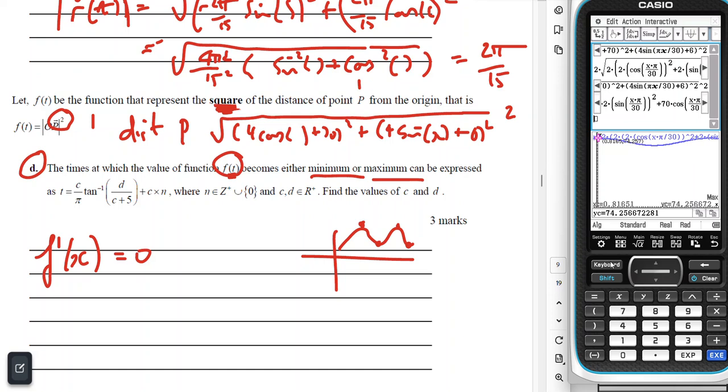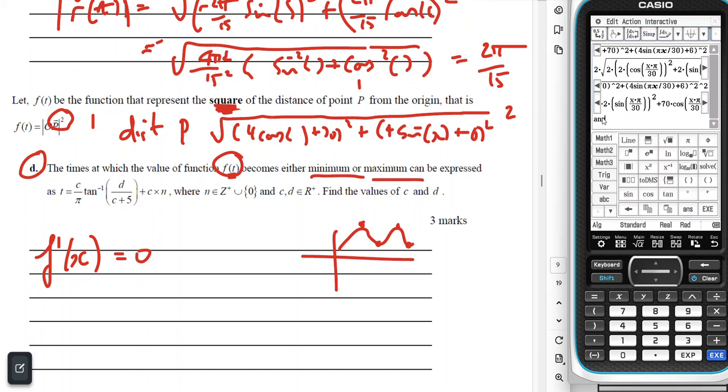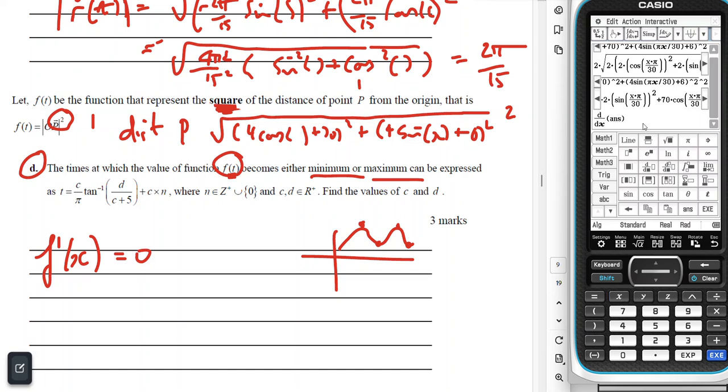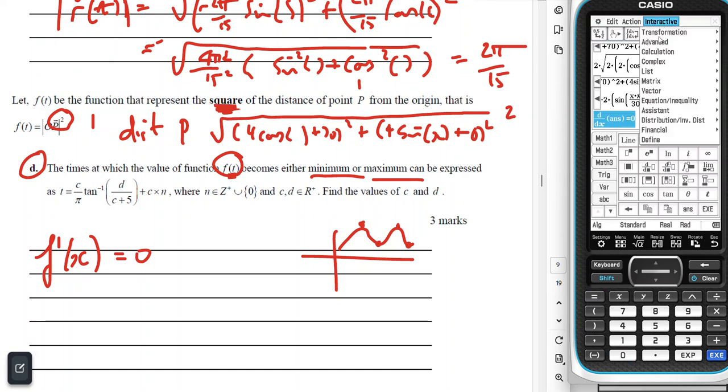And with this answer, I'm going to take the derivative, set it equal to 0, and in this case solve for x.